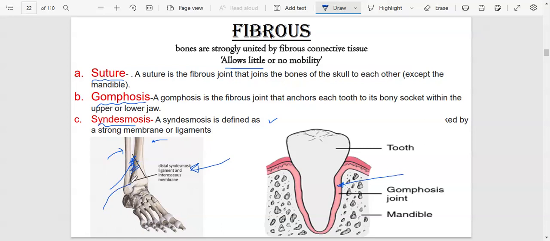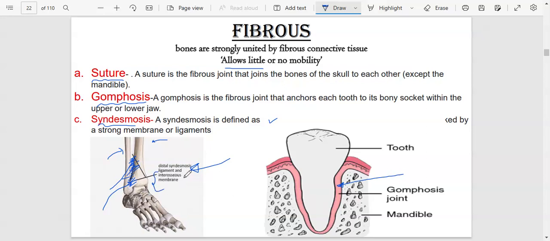Or you can see also here there's a connection between these two bones. So such a connection or such a joint is called a syndesmosis. So in the case of the ulna and the radius, such a joint is going to be called an interosseous joint. This one you're able to see, interosseous joint.